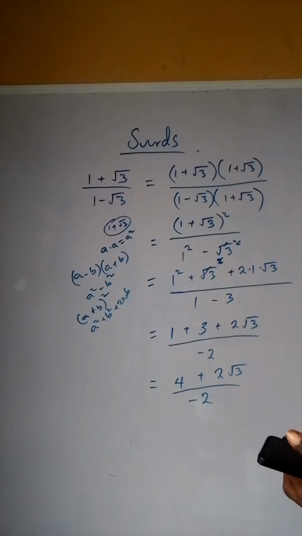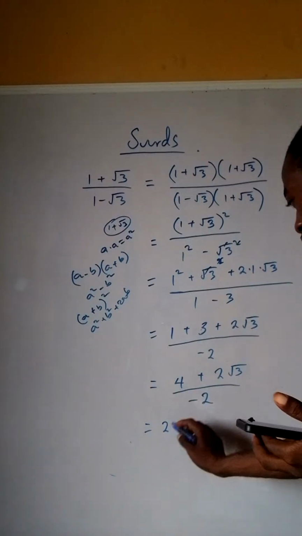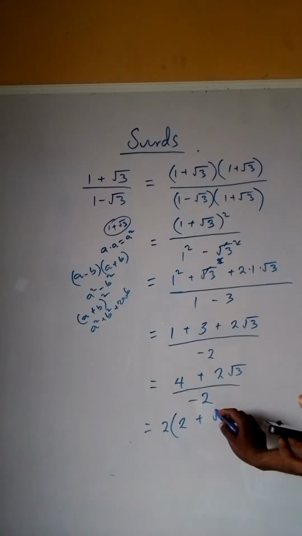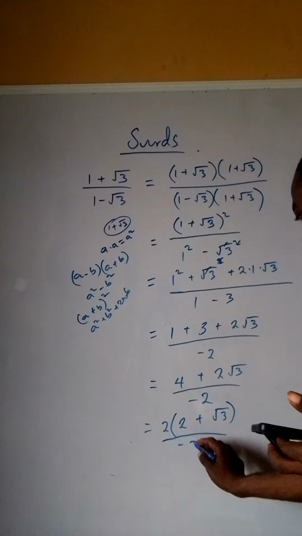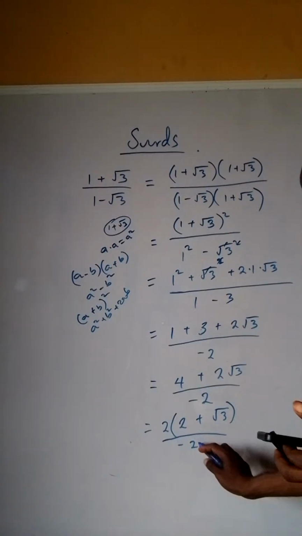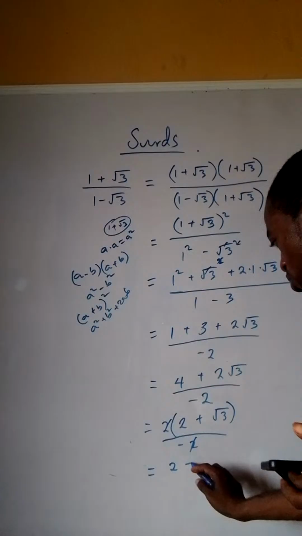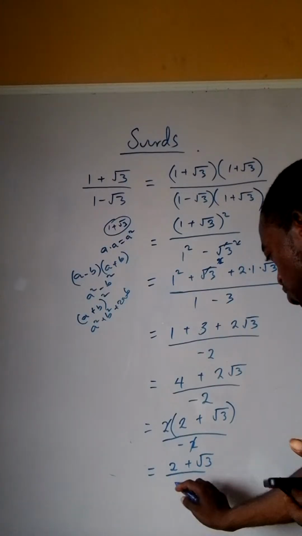Then from here, we can factor 2 out and we have 2 in brackets. Here remains 2 plus root 3 all over minus 2 here. That is here, 2 cancels 2. We are left with 2 plus root 3 all over minus 1.